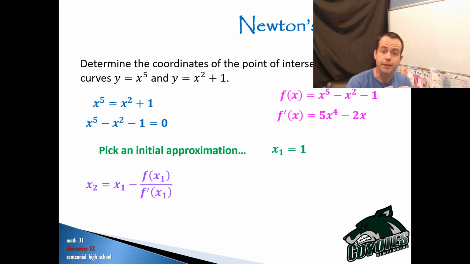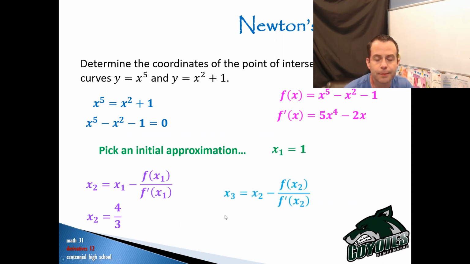I assume you're pausing me with each one of these because it takes a minute to type all this in your calculator. You should get 4 over 3 for that guy. And now I go to the third guy. So x3 will equal x2 minus f of x2 over the derivative of x2. That's going to give me 1.223997494.